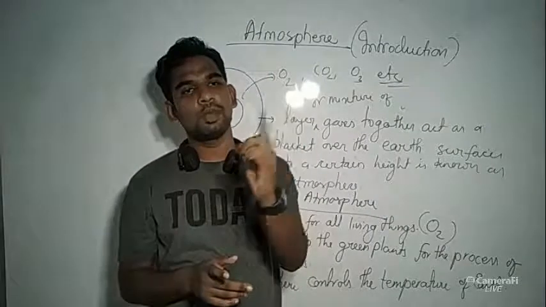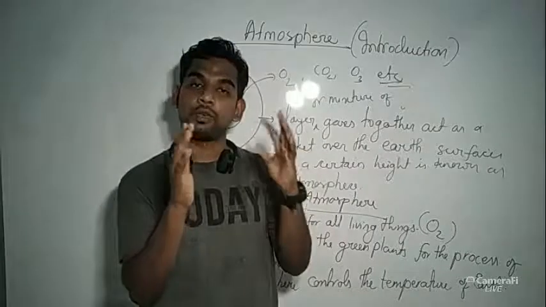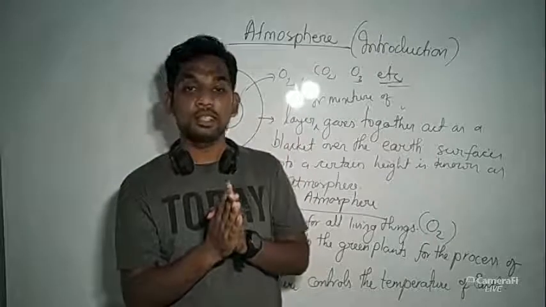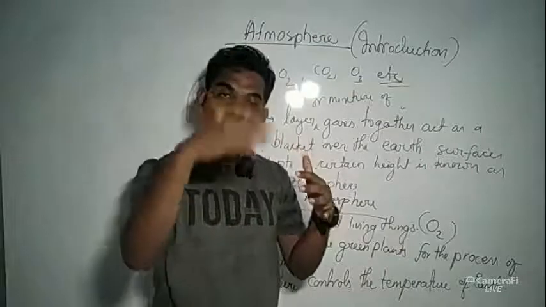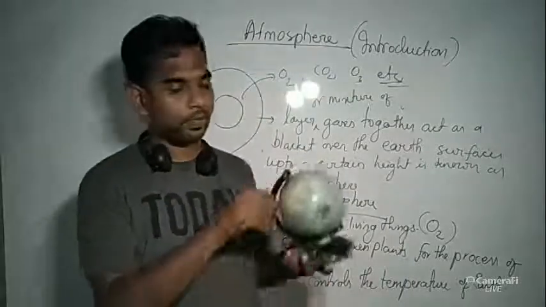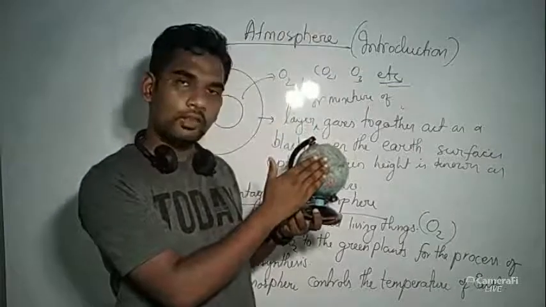Now what happened? Just because the earth is rotating, the air that is present in the atmosphere also moves, clear? As a result, what happened? Even if an area gets heated, suppose this portion is glowing, you can see this portion is glowing because the ray is directly falling over here.